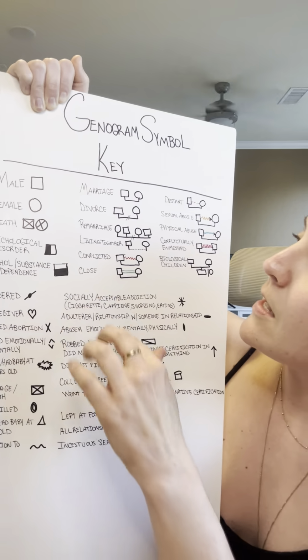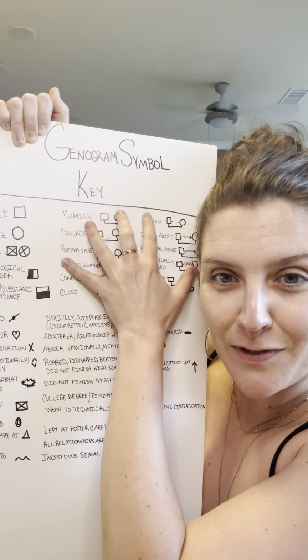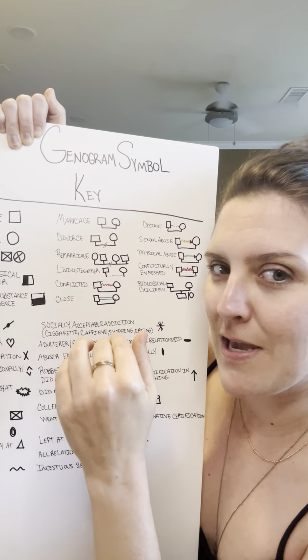Okay. And then up here, again, these are more of the normal type of things you'll see. Okay, I'm just going to go down the line because it's a little easier for me.